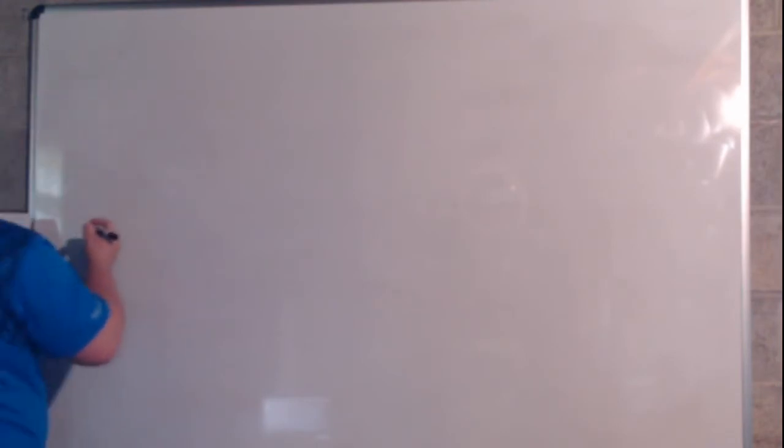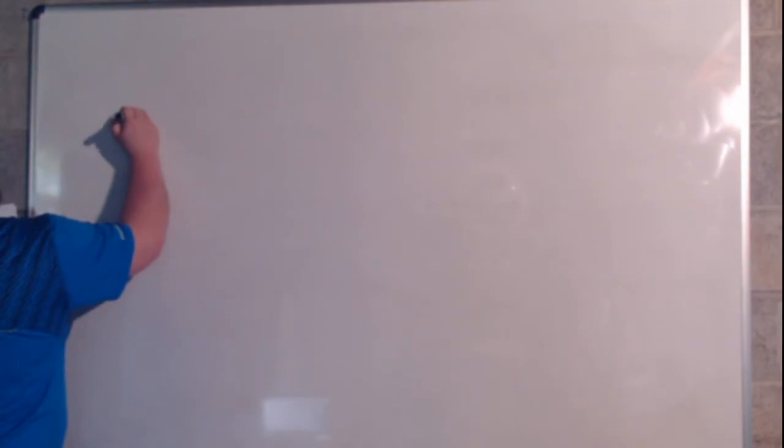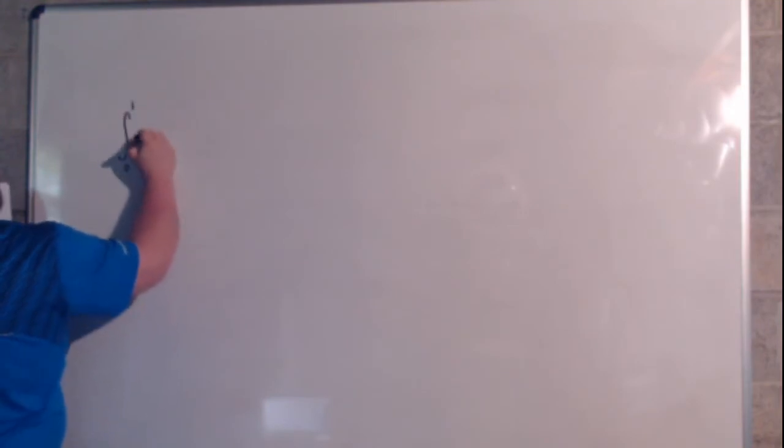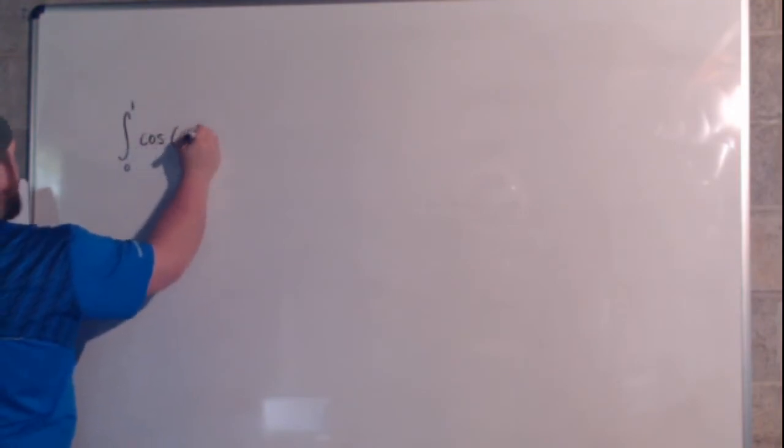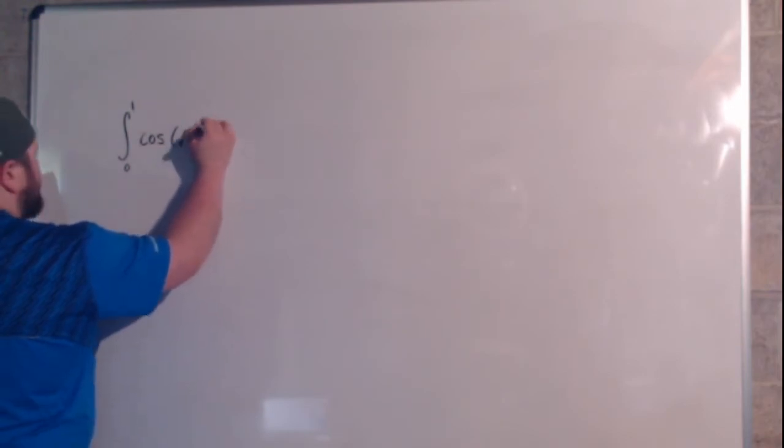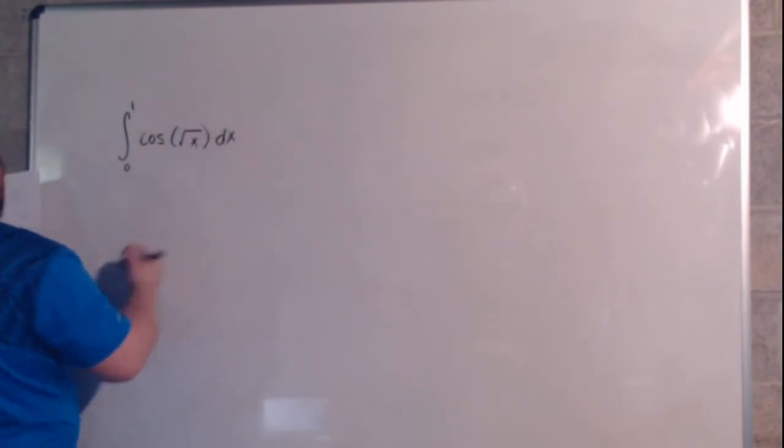So then I wanted to do the other example of integration. This example is for cosine. It is the integral from 0 to 1 of the cosine of the square root of x dx.